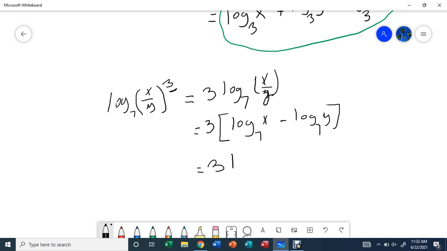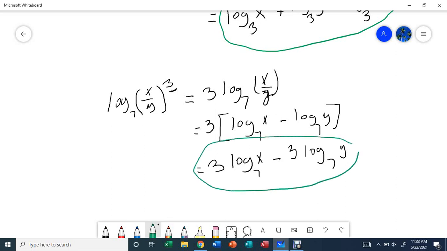So 3 log base 7 of x minus 3 log base 7 of y, and that's as far as I can go simplifying that expression.